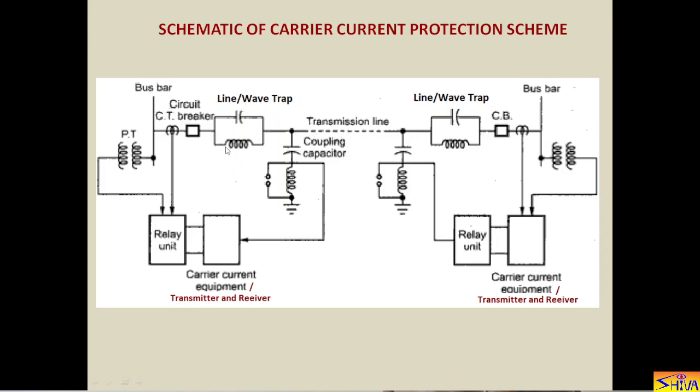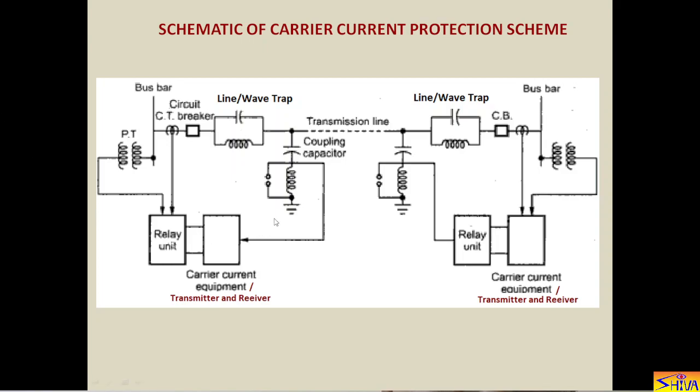The line trap or wave trap impedance, which is calculated by the parallel combination of C and L, is such that for 50 Hz it acts as zero impedance, that is very low. It provides very low impedance to 50 Hz signals, so that 50 Hz signals are easily transmitted through this line trap and they approach end B. Now this impedance is adjusted in such a way that it provides very high impedance to the carrier signals.